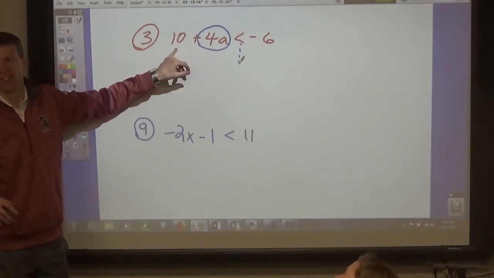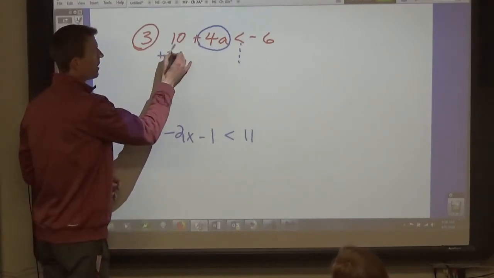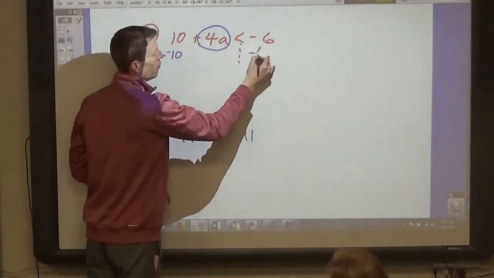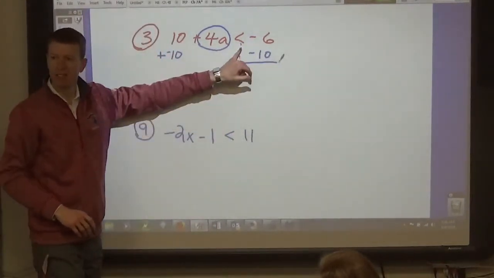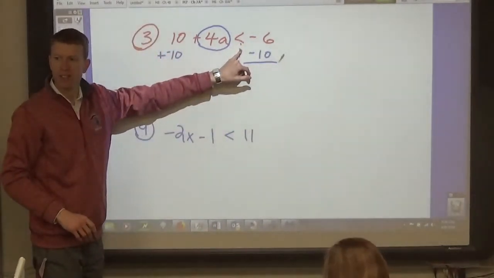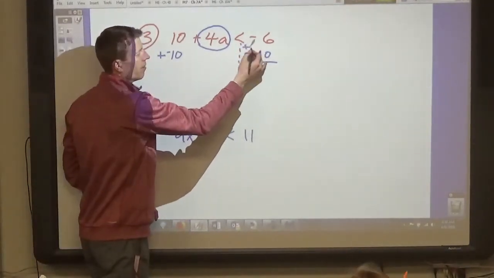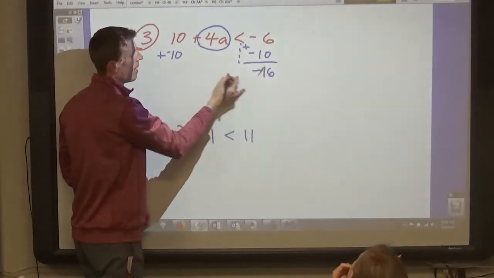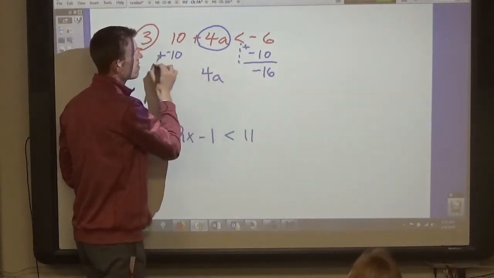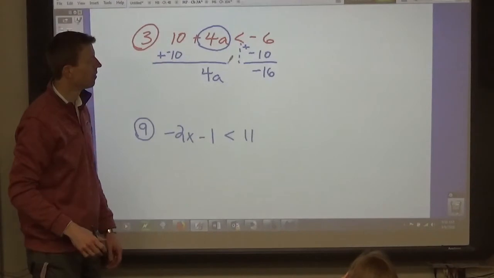You subtract 10. Subtract 10 or add negative 10. Yep. If we just subtract 10 over here, what we're really doing is adding negative 10. So negative 16 is on the right side. 4a is left on the left side.